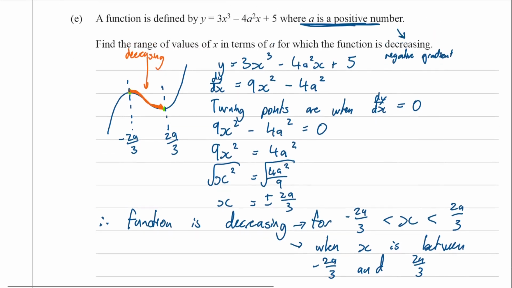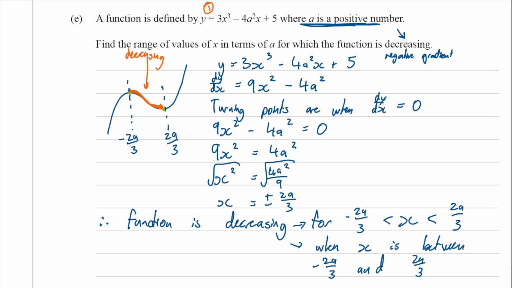Right, let's summarize this one. This question asks us to find a range of values, an interval, for which a function is decreasing. We first acknowledged that the function was a cubic, so we sketched it. We acknowledged it was a positive cubic, so straight away we knew we had to find the turning points.